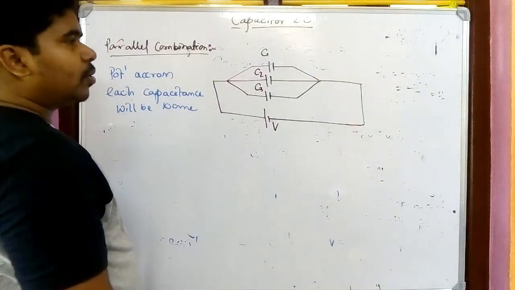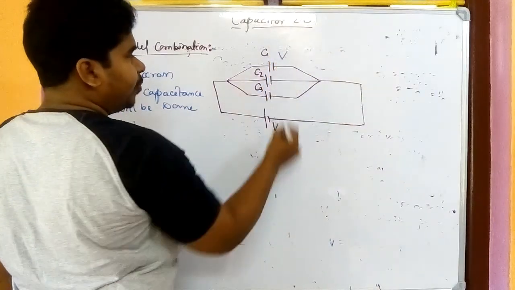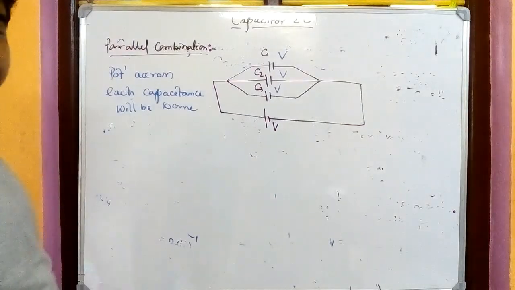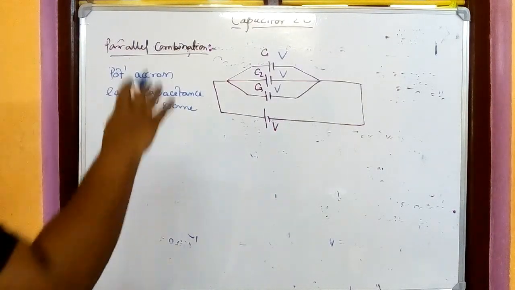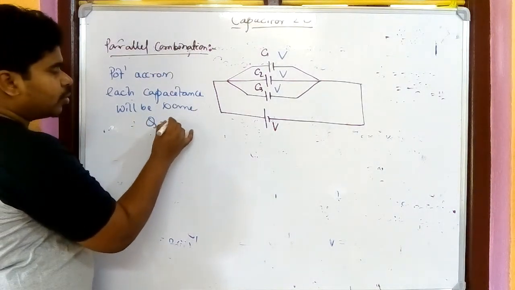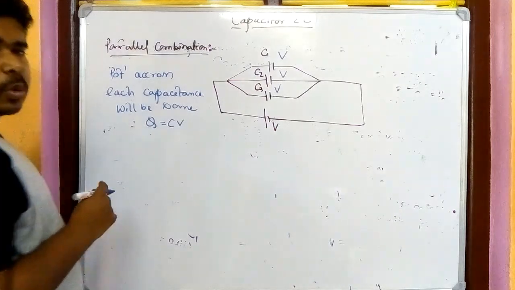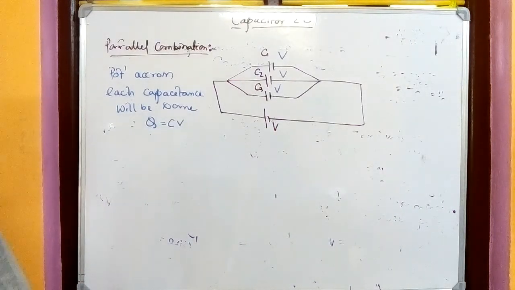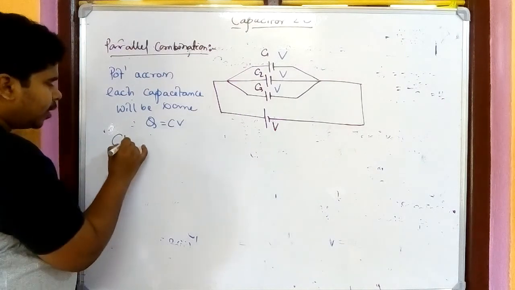Across C1 the potential will be V, across C2 also V, across C3 also V. So as the potential is constant but capacitance is different, we know the equation Q equals CV, charge equals capacitance into potential. Now as the potential is the same but the capacitances are different, the charges induced across the capacitors will be different.